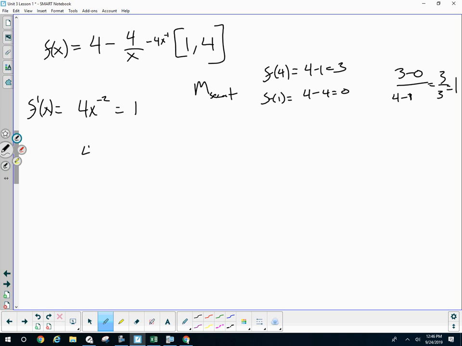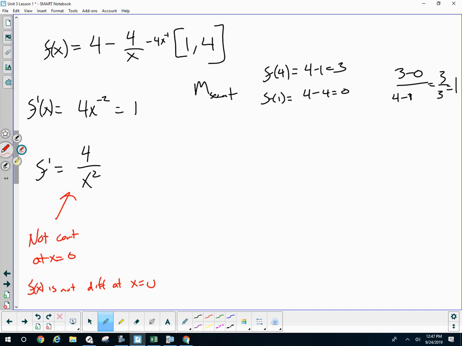Ooh, okay, I got a problem here. Or do I? Let's see. F prime is equal to 4 over x squared. This is not continuous everywhere. So, since it's not continuous, f of x is not differentiable at x equals 0. Turns out it's definitely not differentiable because we don't have a function value at 0. We have a vertical asymptote at x equals 0.